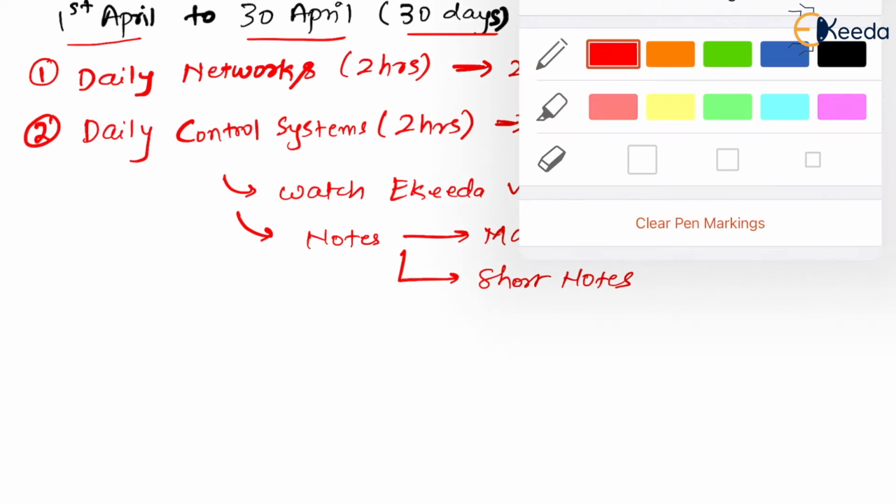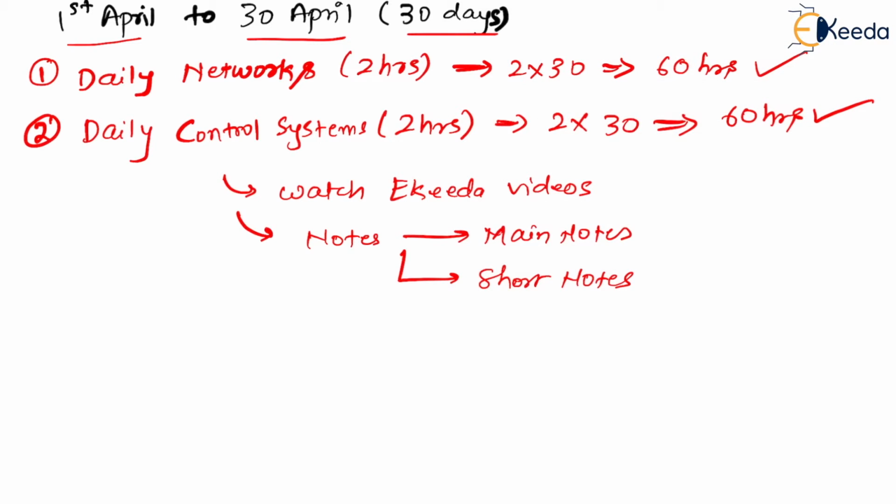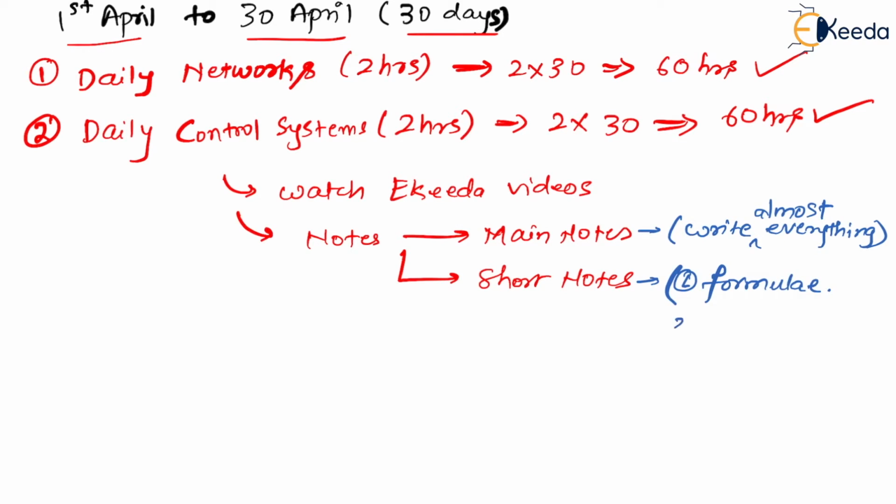Now what is the difference between main notes and short notes here? In main notes you are supposed to write everything, or I can say write almost everything. Whereas in short notes, you are going to write only formulas, and the concepts that you forget.